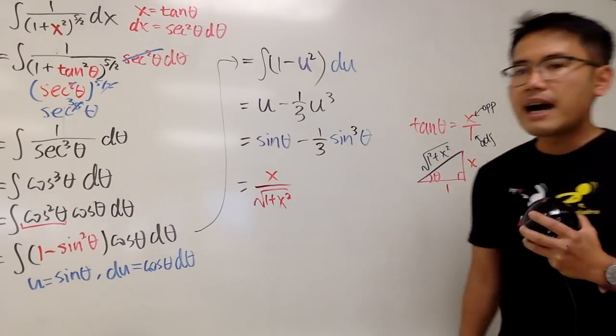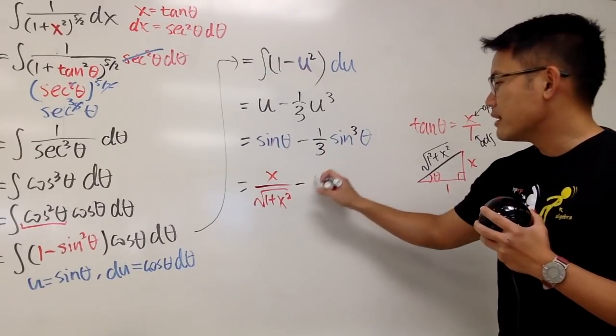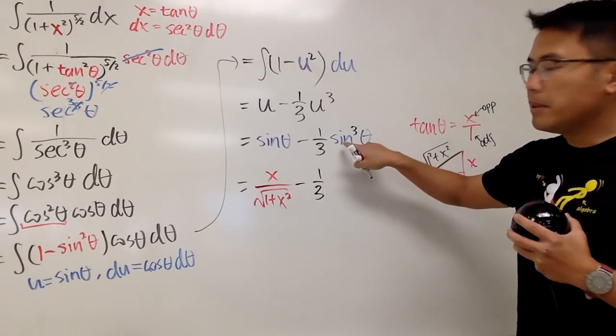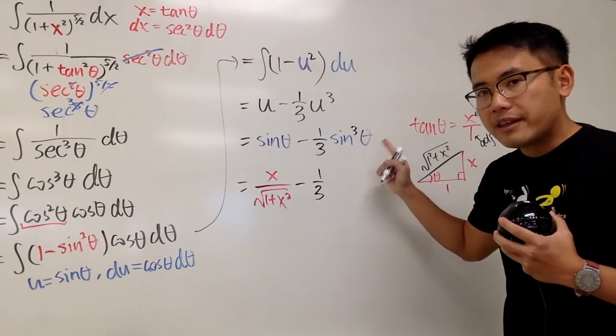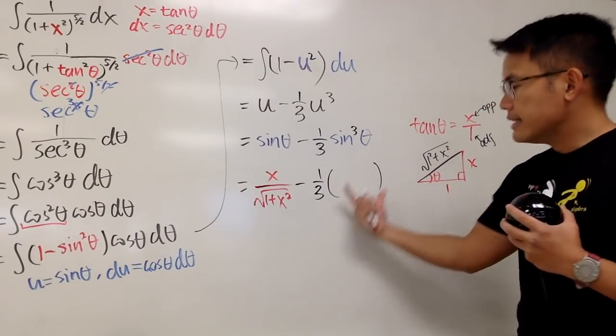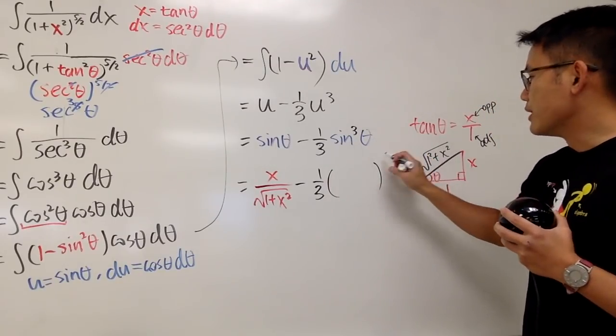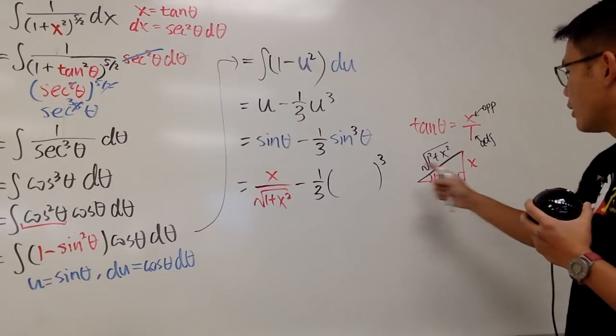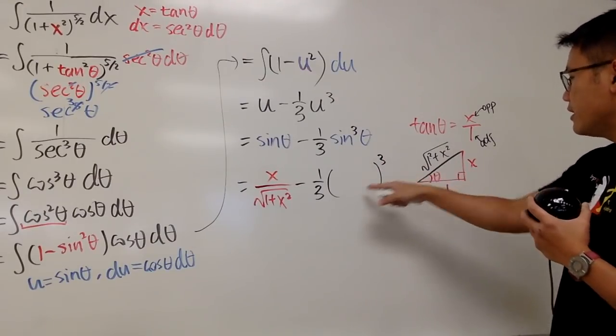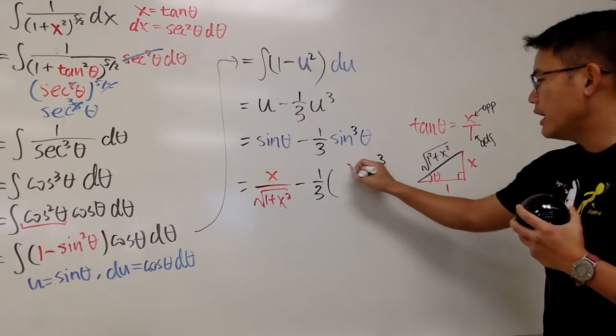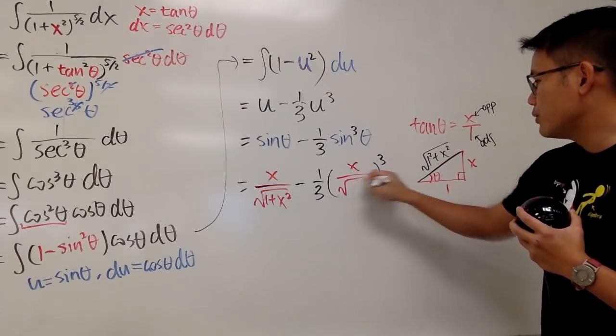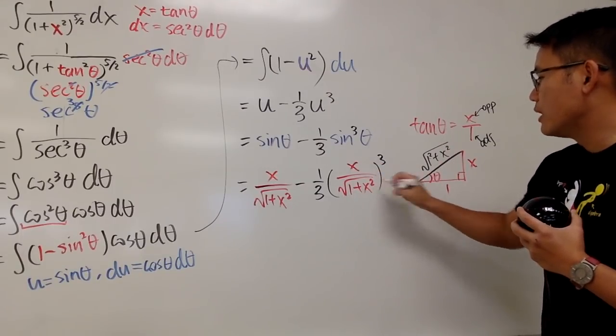So that's sine theta. And then here we have the minus 1/3. And keep in mind, sine to the third power theta means sine theta inside and then raised to the third power. And again, I have to put in sine theta here, which is x over square root of 1 plus x squared, like this.